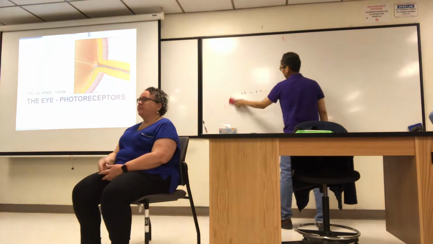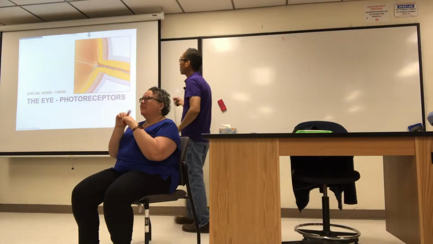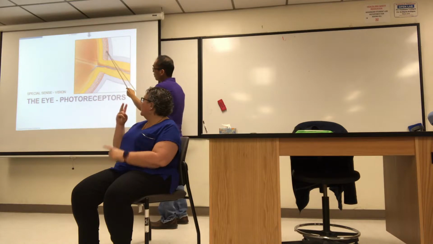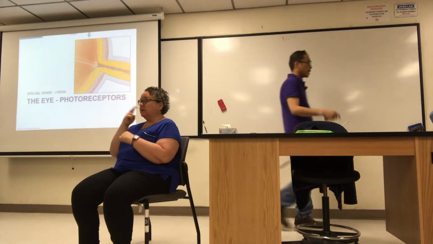I like this picture because it shows the photoreceptors as one layer of cells. There's 3 layers in this neural tunic, but it's kind of squashed right there. They can see those 3 layers when you visit the eye doctor.